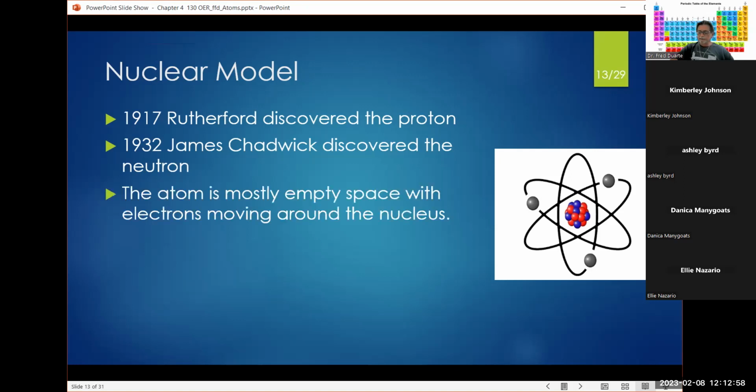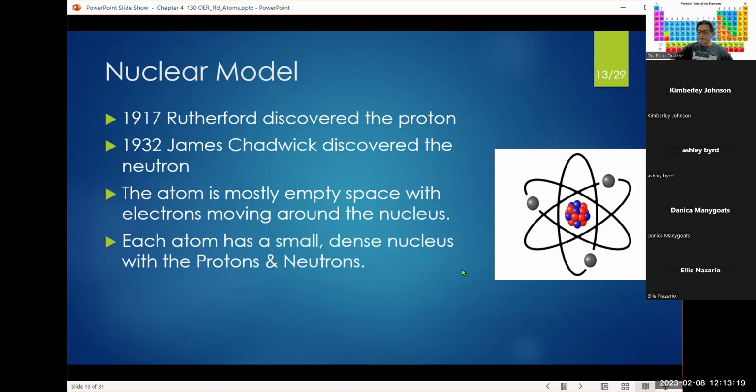So now we have a general model where we have the nucleus, the proton and the neutron are in the nucleus, and then the electron is orbiting in specific orbits around the nucleus. Kind of in general terms, it looks like that image here on the far right, okay? But we're going to have more specific information here in a bit.